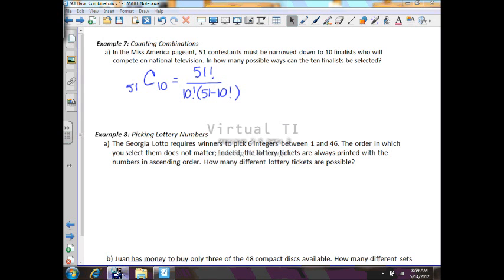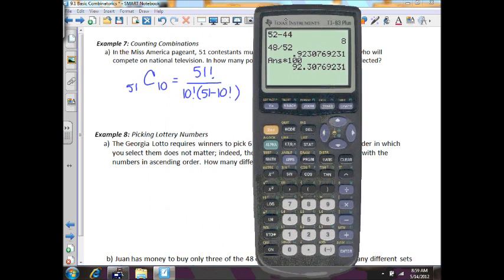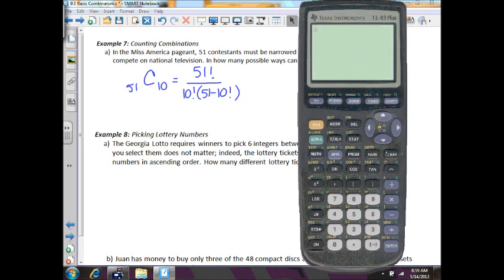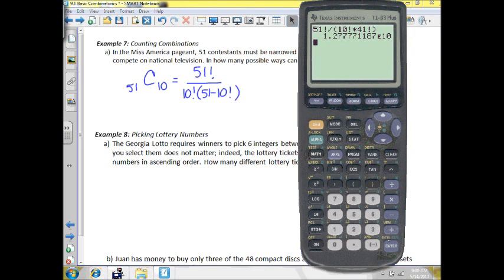So you're going to take out your calculator. This is going to be a big, big number. We don't want to have to deal with those. So I have 51 factorial divided by 10 factorial times 41 factorial. So we'll have 1.2777187 times 10 to the 10th.